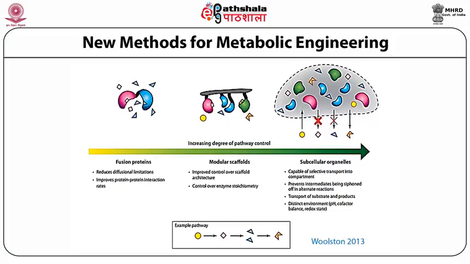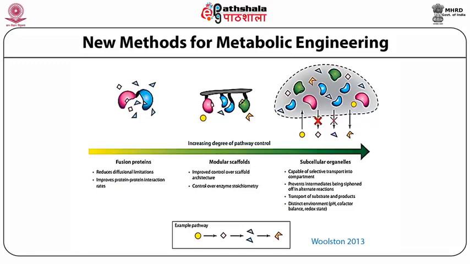And the third strategy which is used in new strategies is subcellular localization in organelles. This is capable of selective transport into the compartment. Both substrates are transported inside and the product is transported out. And intermediates are retained inside the organelle so that they can be efficiently used for the production of products.